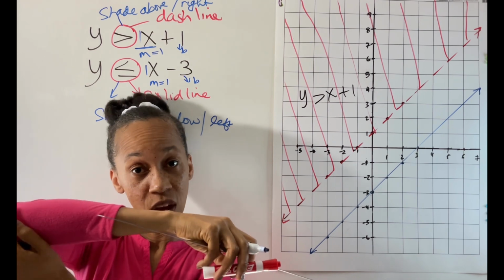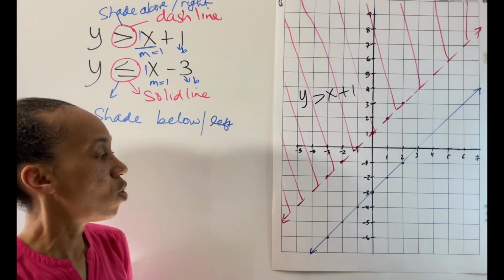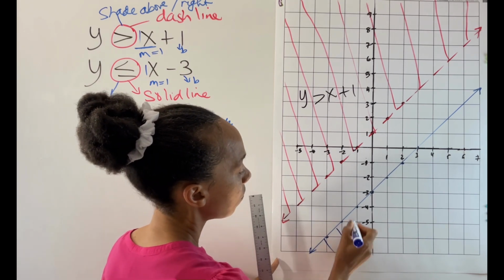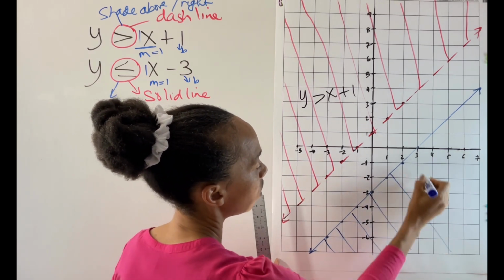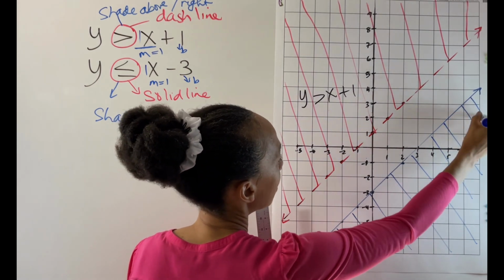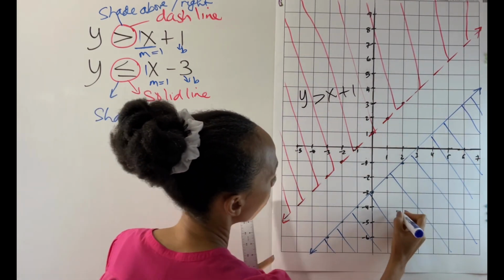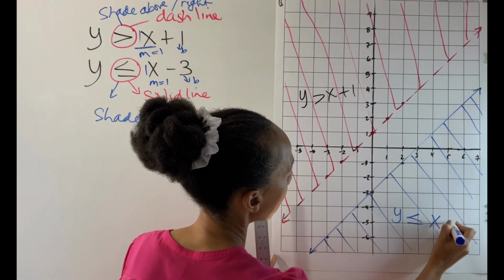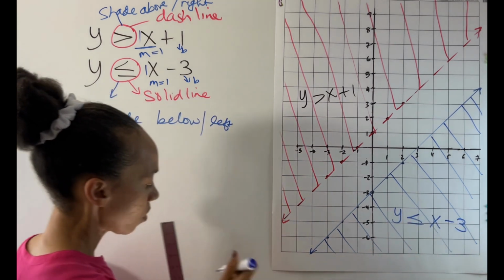This means that this is greater than. So you can use that to remind yourself. So you're going to shade below, and you go all the way to the end of the grid paper. Do not pass the line. And you can write your inequality here, which is y is less than or equal to x minus 3.